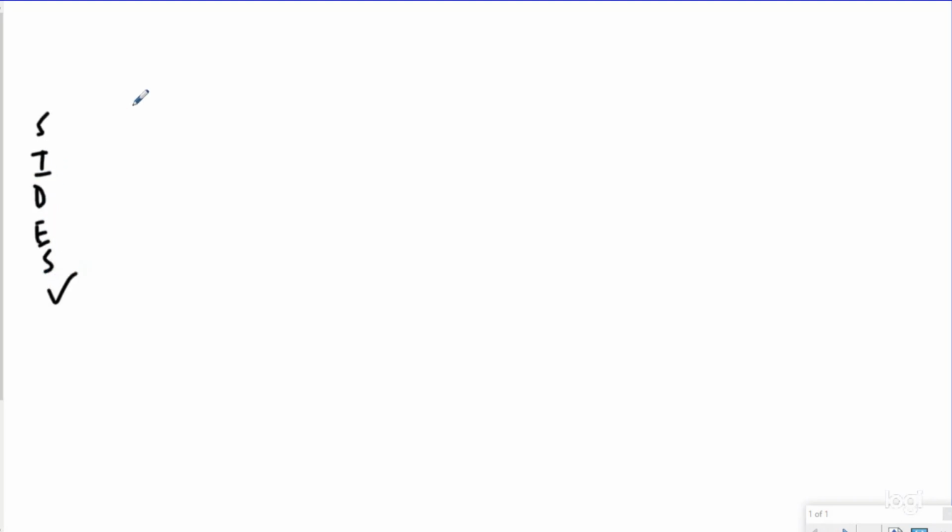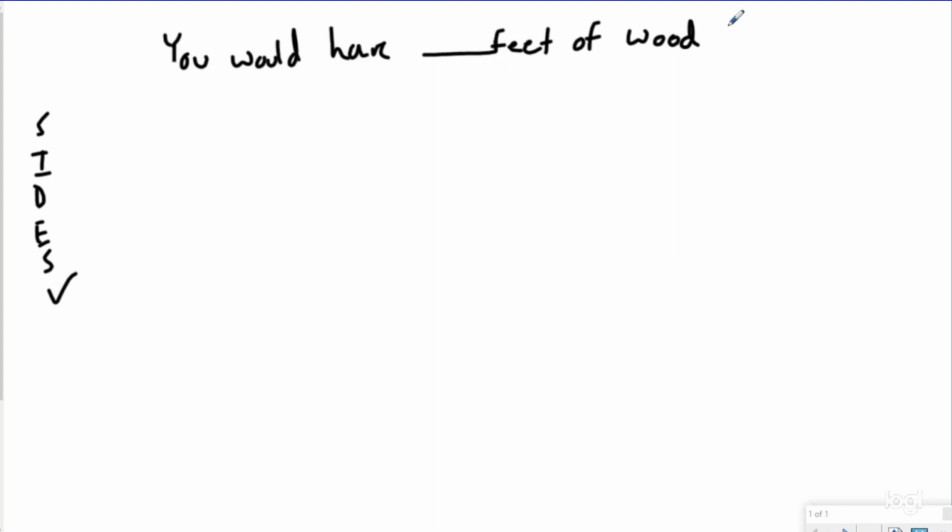Okay, and our statement for this is going to say, you would have blank feet of wood left. So when we go back and listen to this, we're looking for anything about feet or wood, and obviously what was left, so maybe something happened to the wood. So that is what we would have written for our statement.